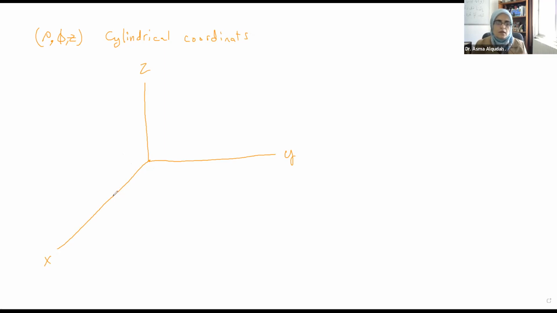Before defining these coordinates, let's draw like a part of a cylinder.